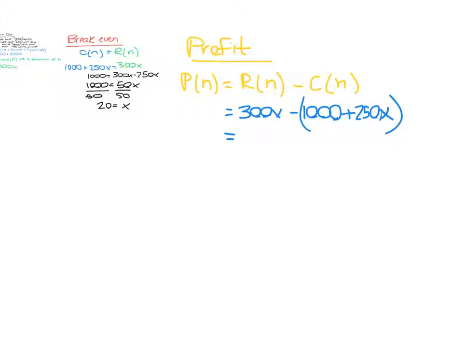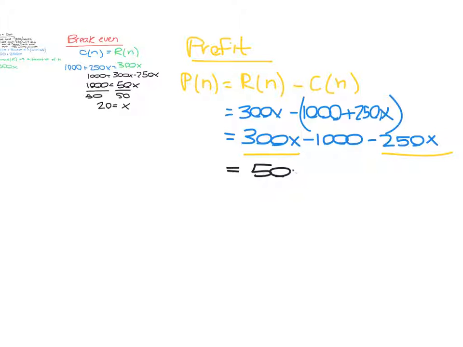So factor in that negative to get minus 1,000 minus 250x. Perfect. Now, group like terms, we have our 300x and our 250x. Both have x's attached. So 300x minus 250x gets us 50x minus 1,000.